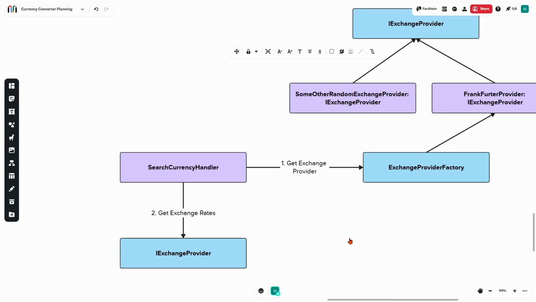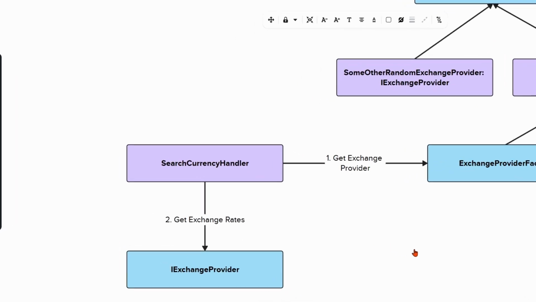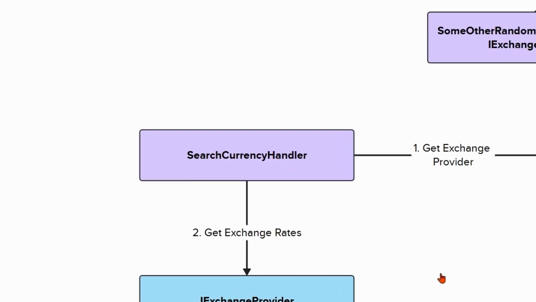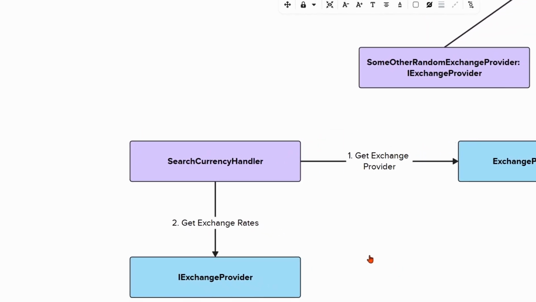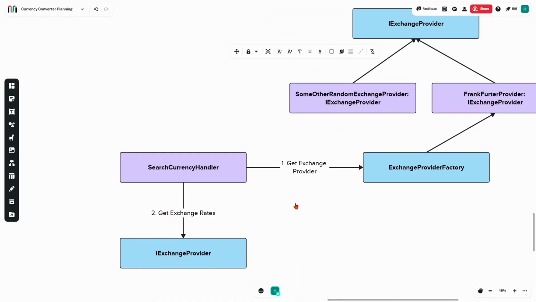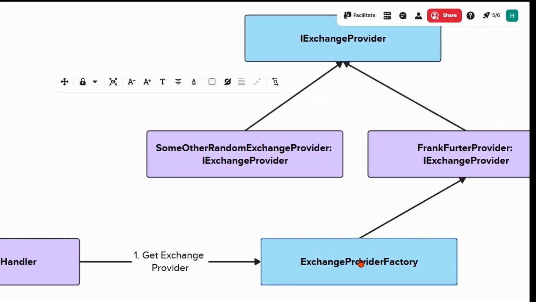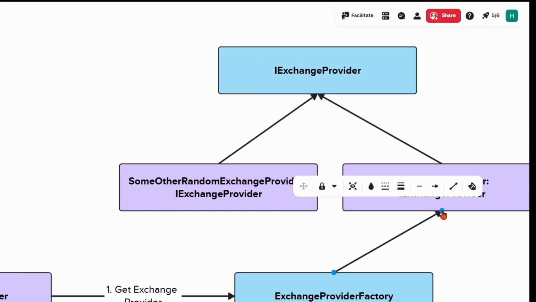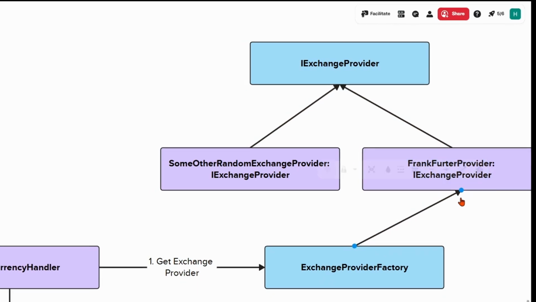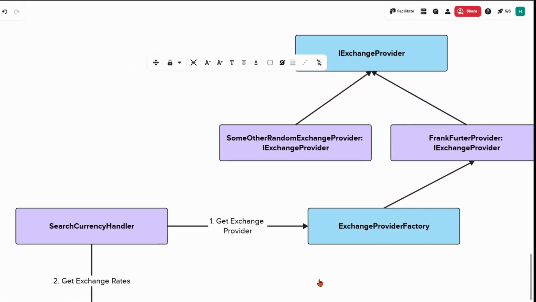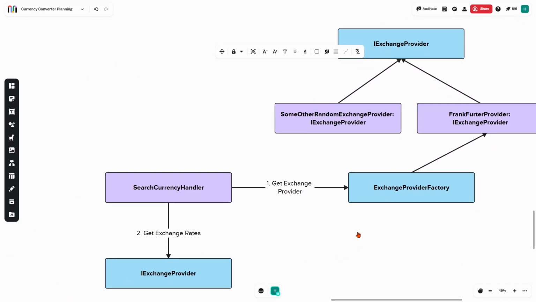We're also going to be introduced to something called the factory pattern. In brief, search currency is one of our use cases, and it needs to get an exchange provider in order to load exchange rates. So it's going to ask the factory, hey factory, give me an exchange provider. And the factory is going to give it either one or another exchange provider. Our application handler doesn't know and it doesn't care.